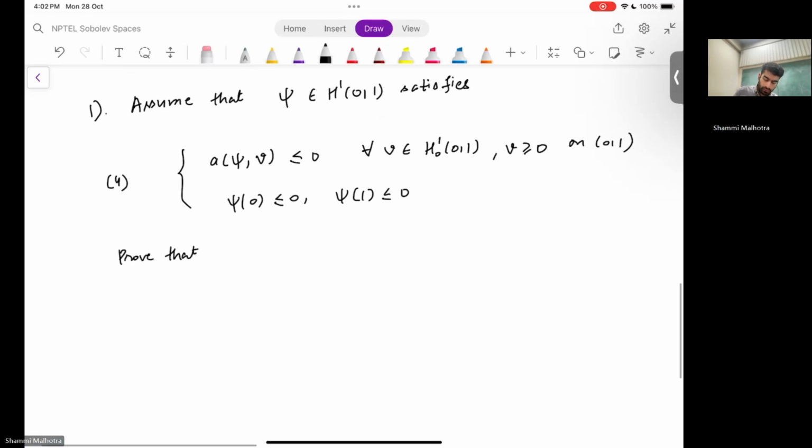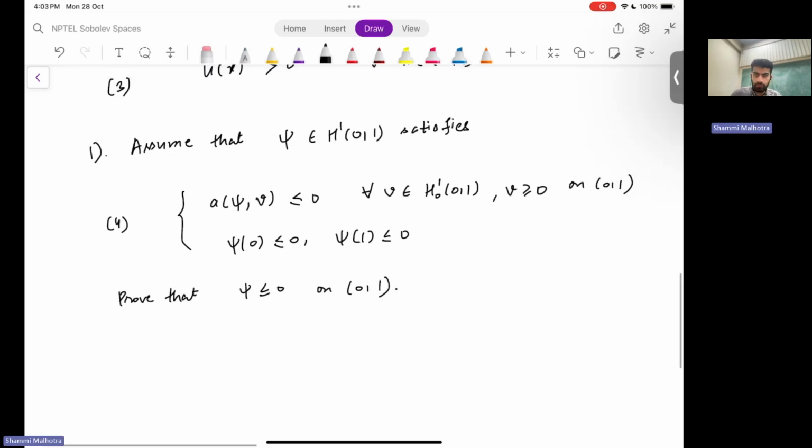Prove that psi has to be less than or equal to 0 on the open interval (0,1). So basically we are trying to prove that if you have a function psi which is non-positive on the boundary and has non-positive value with respect to the bilinear form, then that function has to be non-positive only.